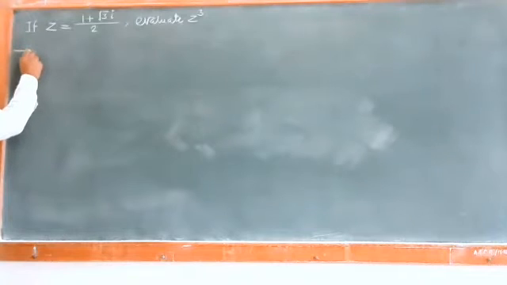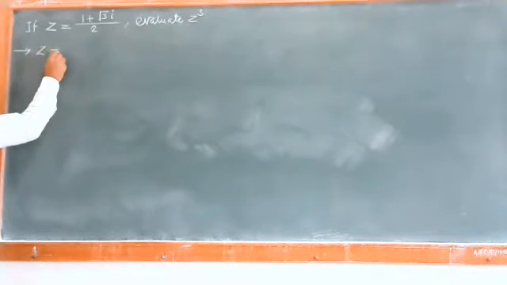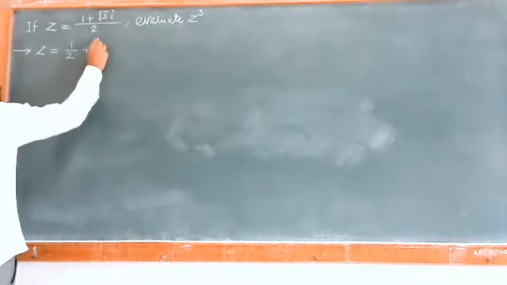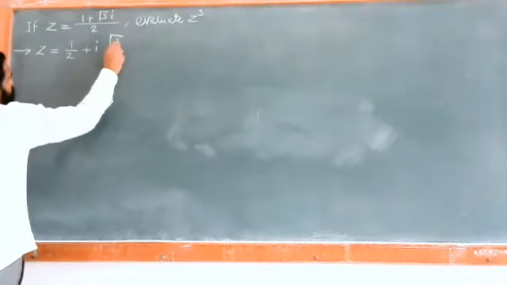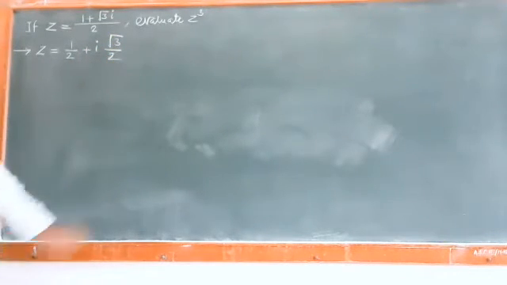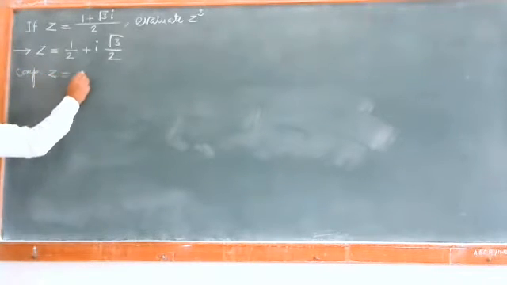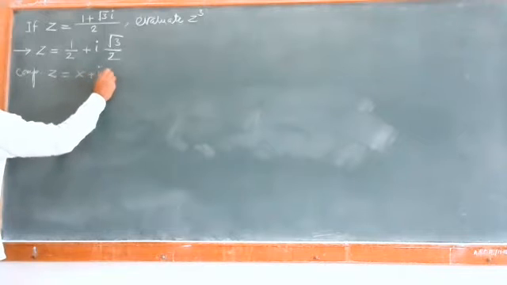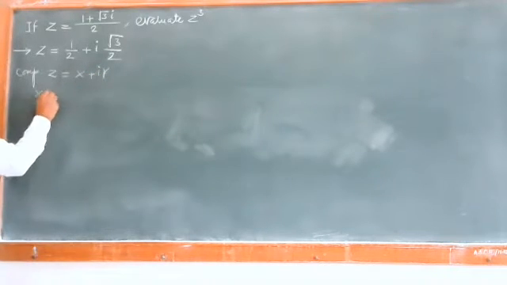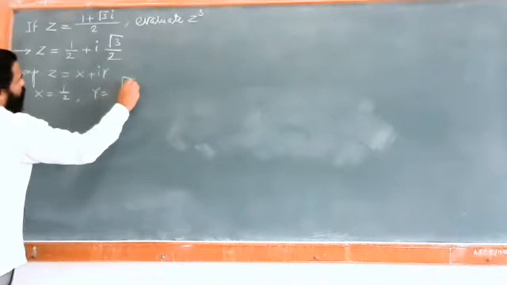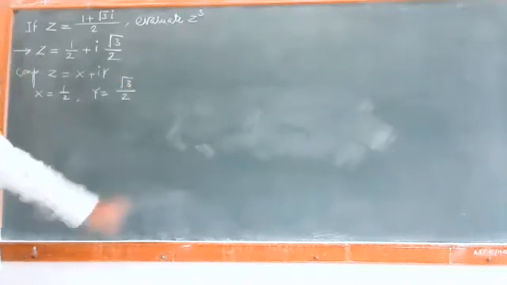So you can have a solution of this, that is z is equal to 1 half plus i times root of 3 by 2. So that is our number. So by comparing it with z is equal to x plus iy, we can write x is equal to 1 half and y is equal to root 3 by 2.